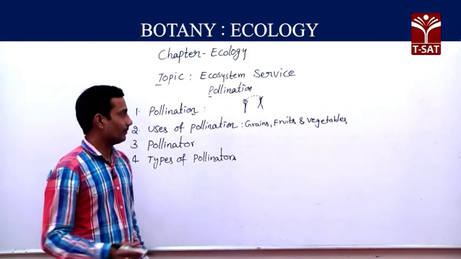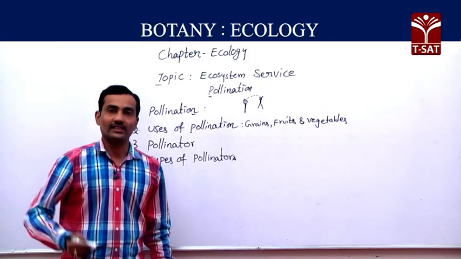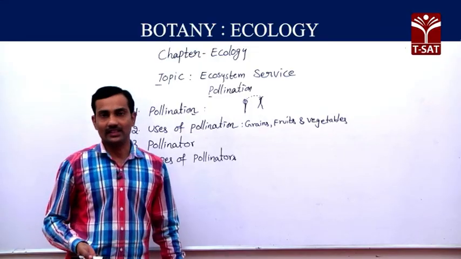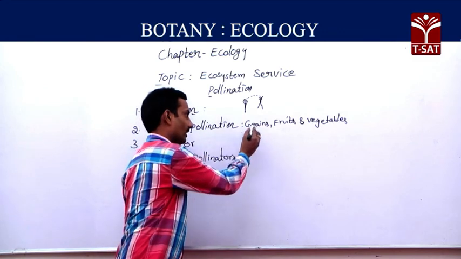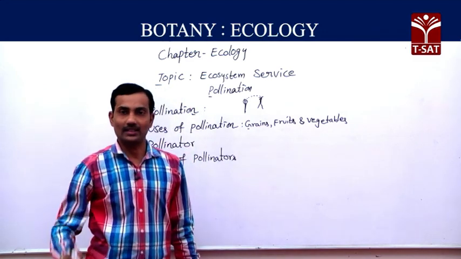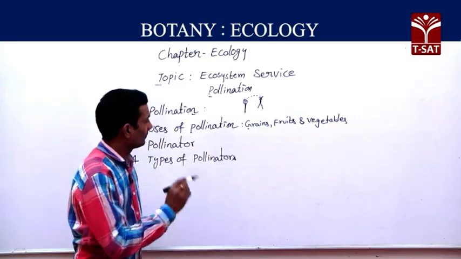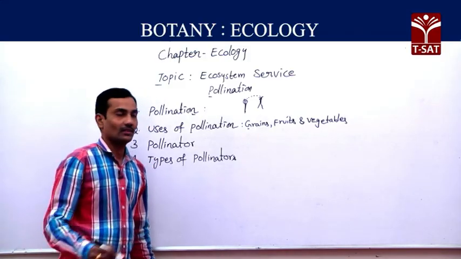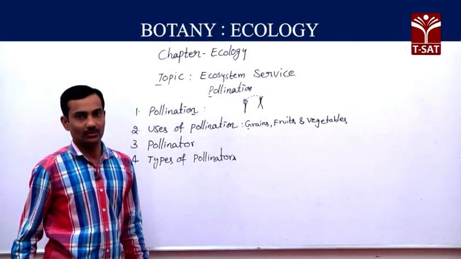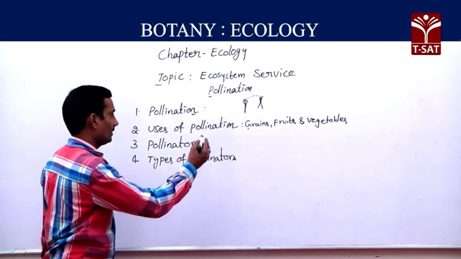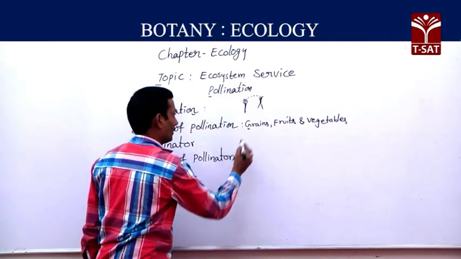After pollination, fertilization takes place. After fertilization, in the plant, especially in the ovary region, grains or seeds or fruits, vegetables, all the different edible items will form.